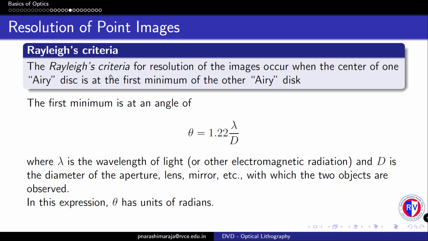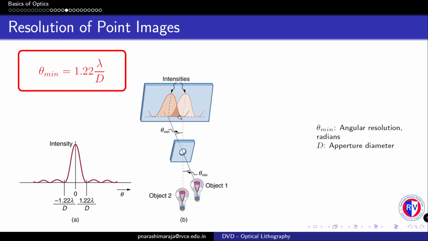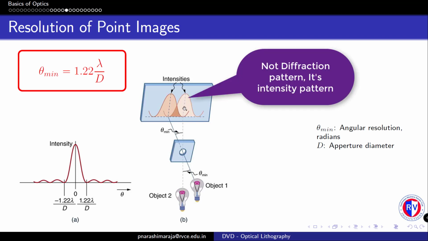The Rayleigh criterion states that two images are just resolvable when the center of the diffraction pattern of one is directly over the first minimum of the diffraction pattern of the other.